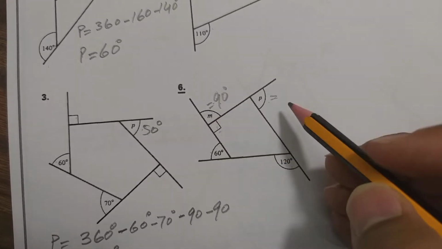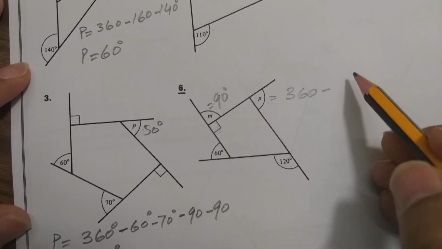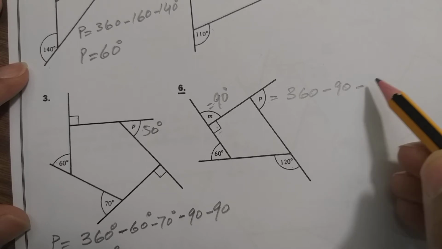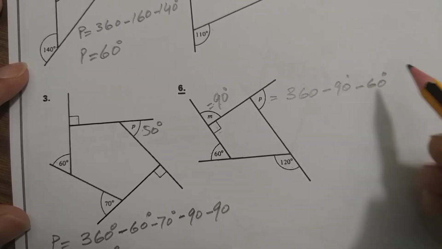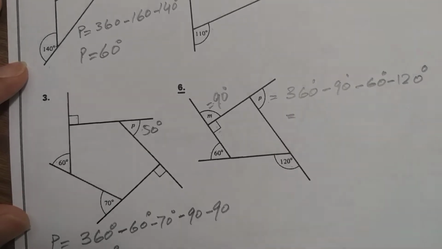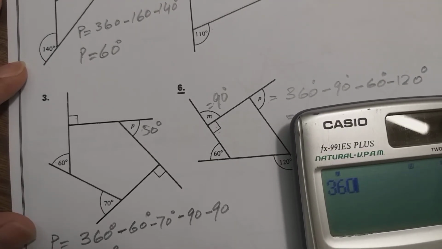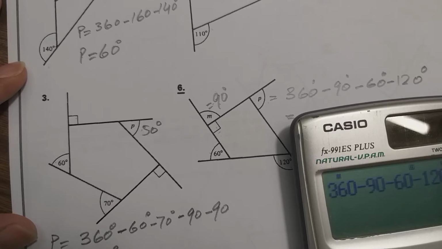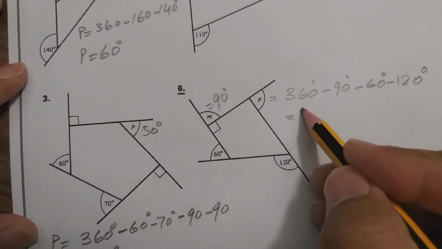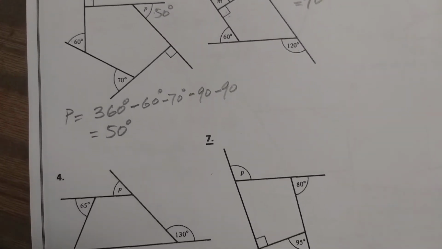So p equals 360 minus 90 minus 60 minus 120, which is 90. So p equals 90 degrees.